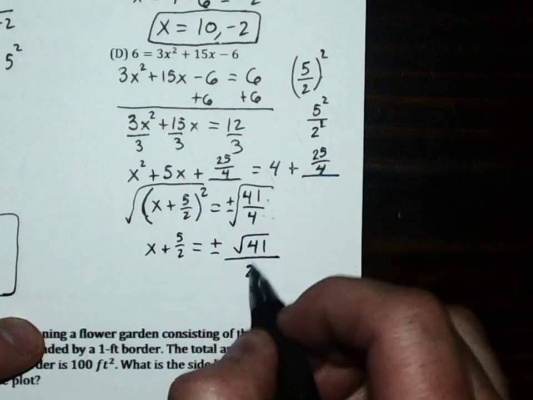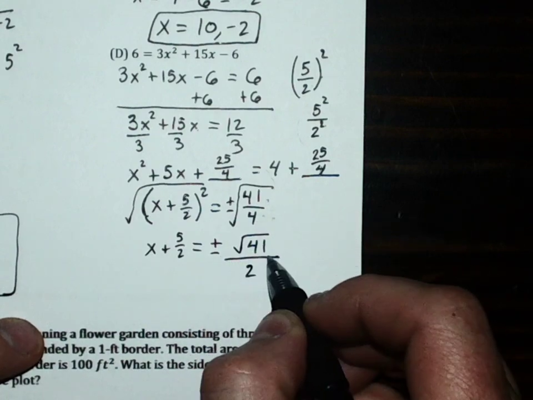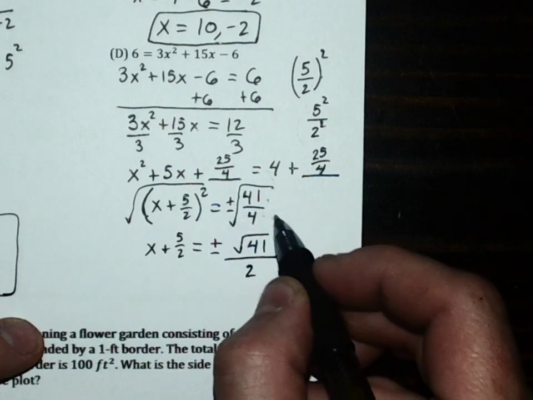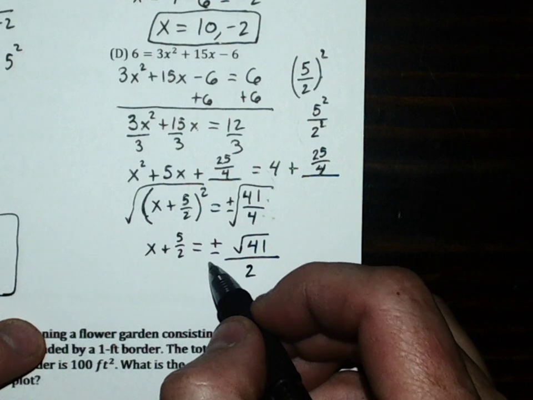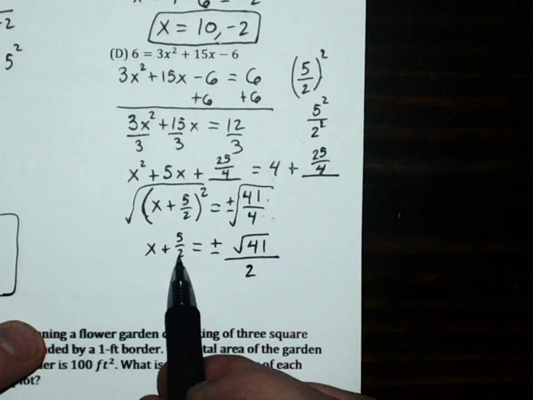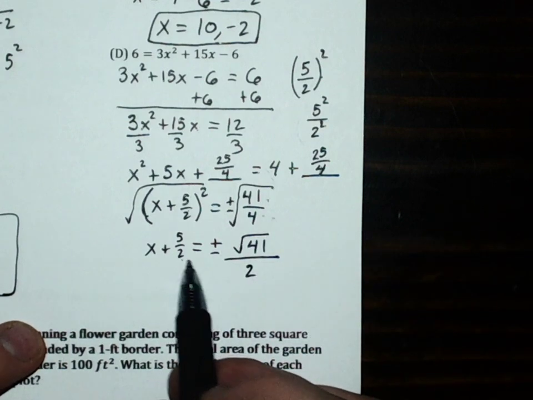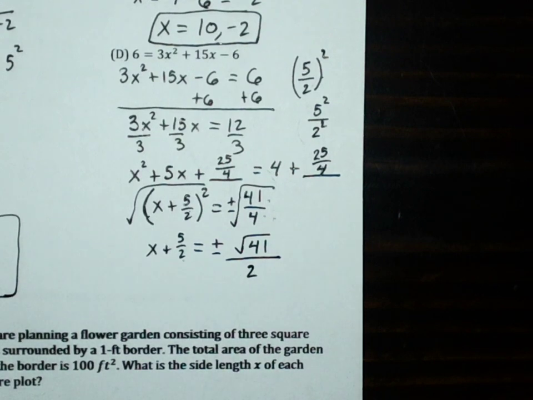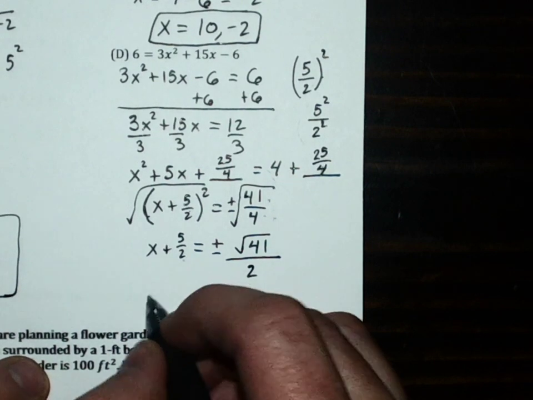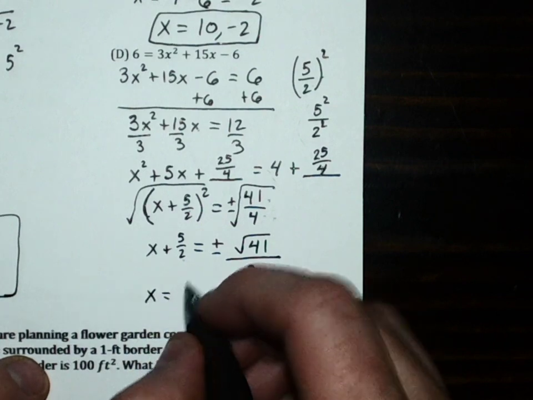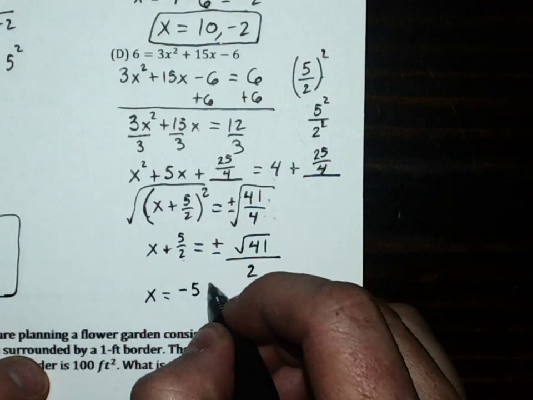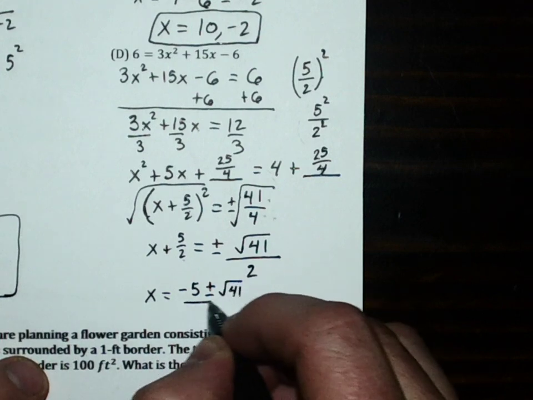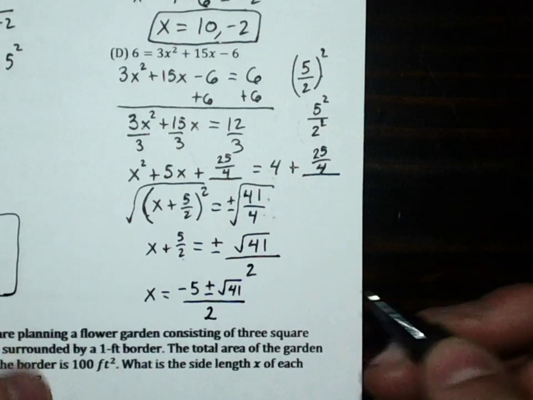So recognize that I purposefully am dividing this, but the square root no longer includes the denominator. Subtract 5 halves, and you will recognize that these have a common denominator of 2. So x is going to equal negative 5 plus or minus the square root of 41, with a common denominator of 2.